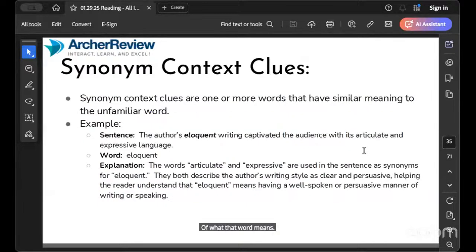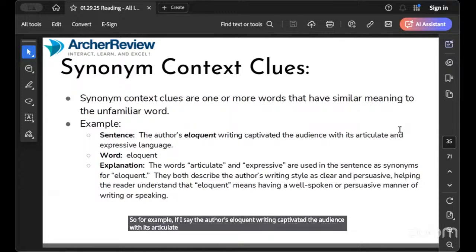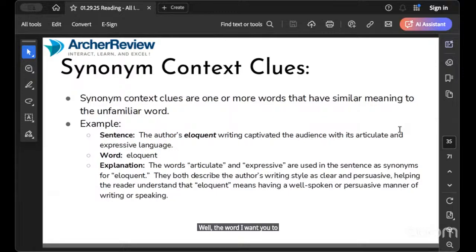Now, synonym context clues are where you have a word or words, could be multiple, that have a similar meaning to an unfamiliar word. For example, if I say, the author's eloquent writing captivated the audience with its articulate and expressive language, the word I want you to assess is eloquent.